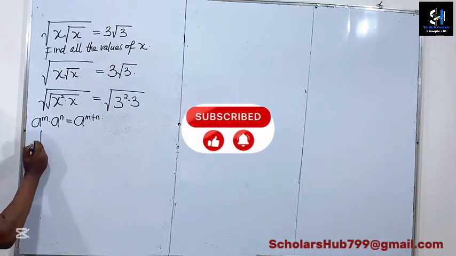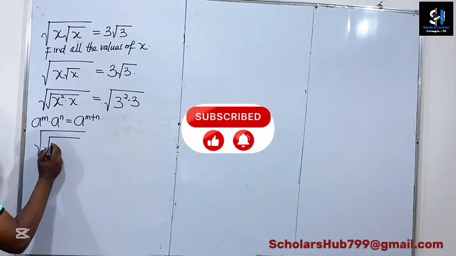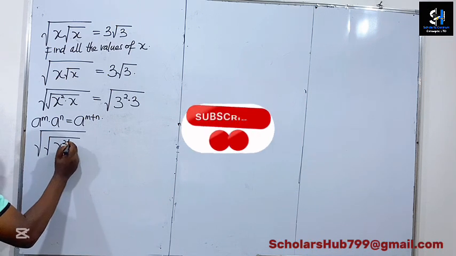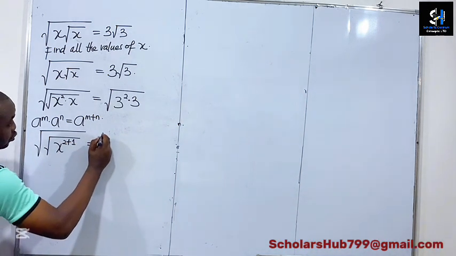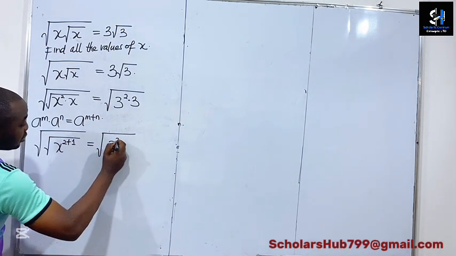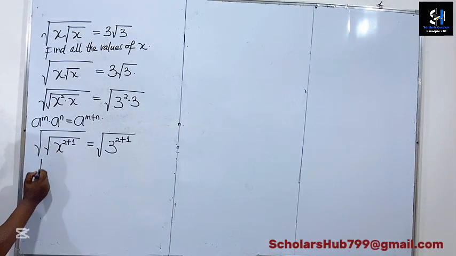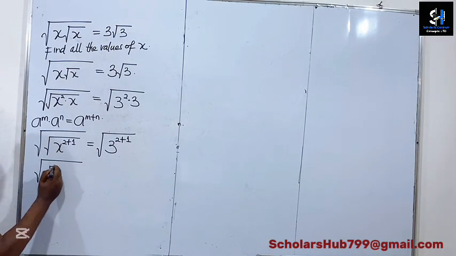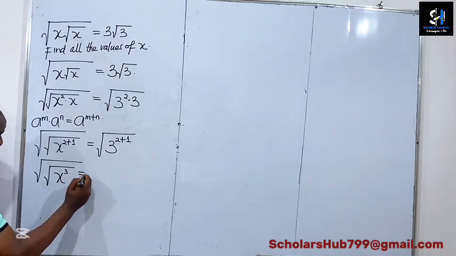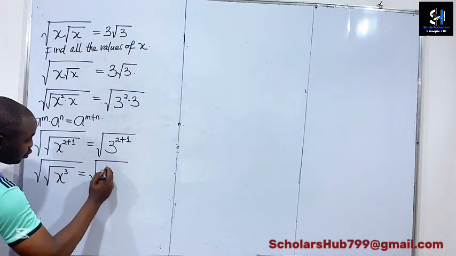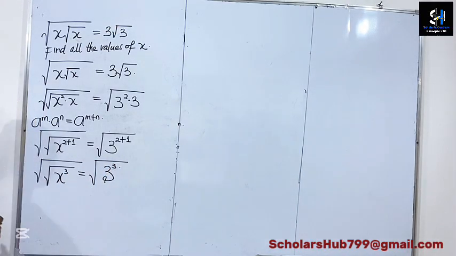So this will be the square root of x raised to the power of 2 plus 1 equals the square root of 3 raised to the power of 2 plus 1. So this will be the square root of x raised to the power of 3 equals the square root of 3 raised to the power of 3.